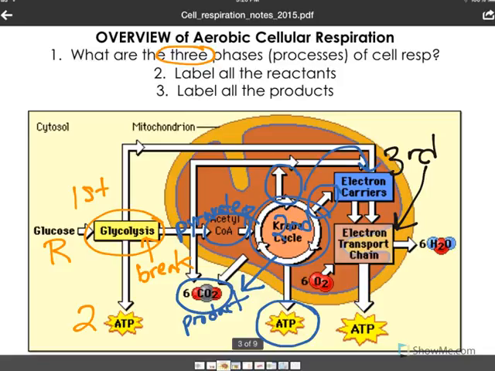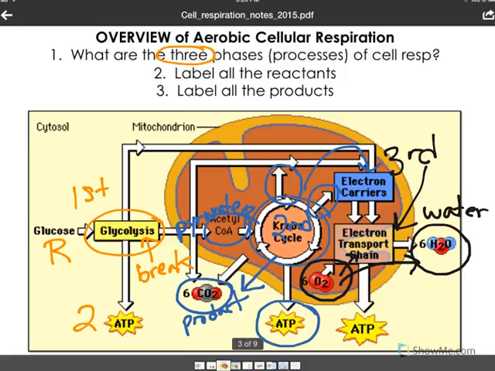Well, if I take a look at my arrows, I will notice that my oxygen that you are breathing in every single second is actually going to get used in the electron transport chain. So my oxygen goes into the electron transport chain, and here's where the oxygen then gets turned into water.